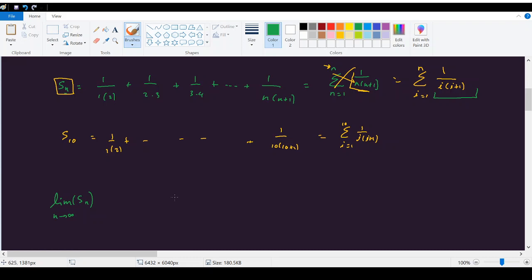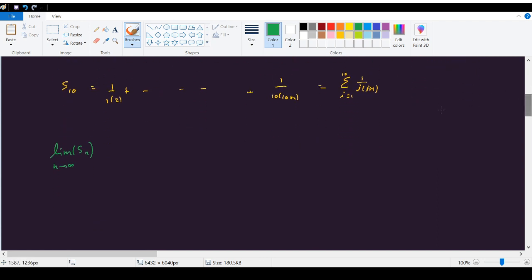But once you have some experience, these are standard simplification methods. So you can see that the general term inside the sigma notation of Sn, which is i times (i plus 1), can be written like this.